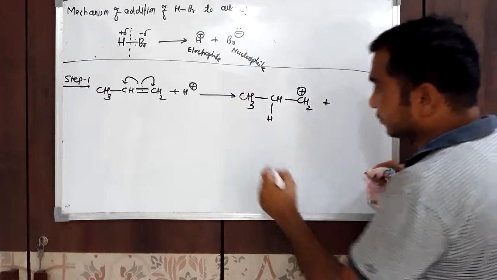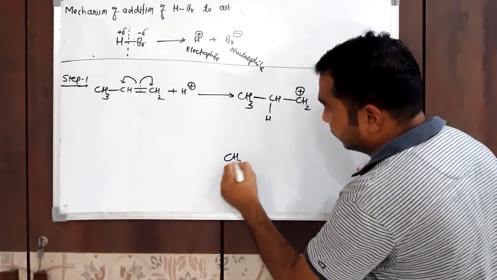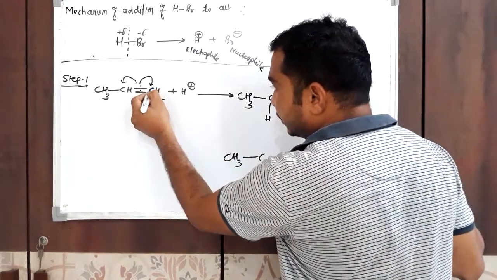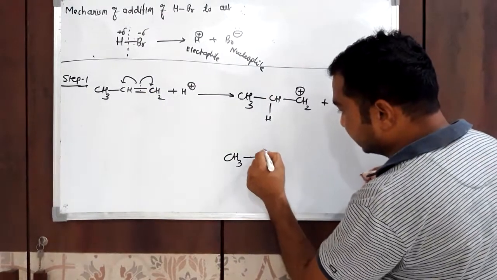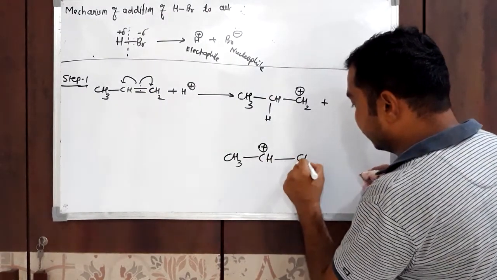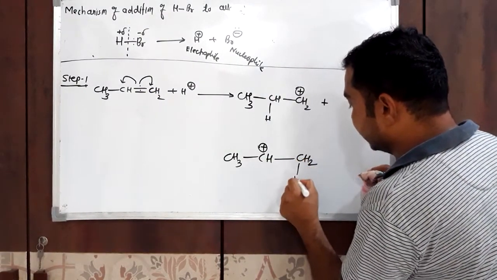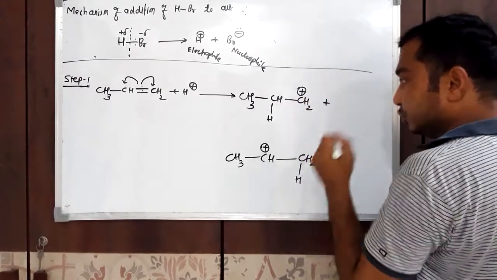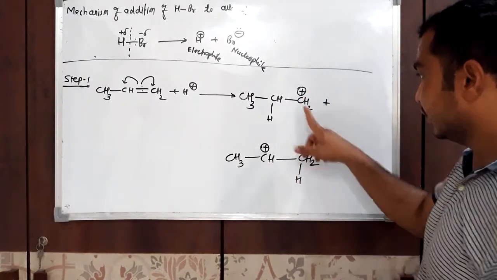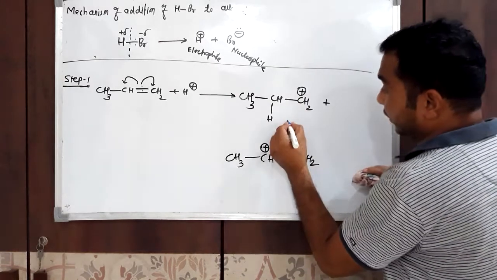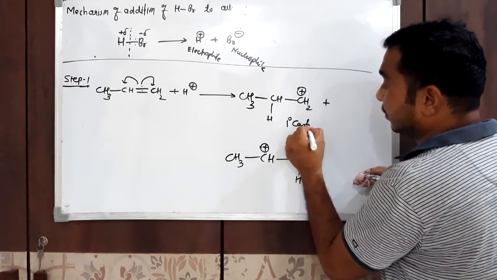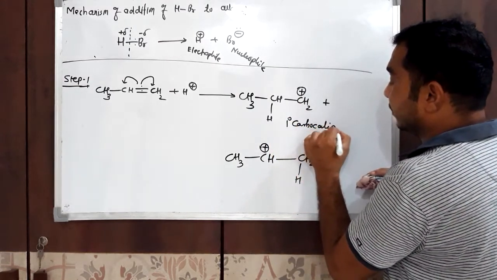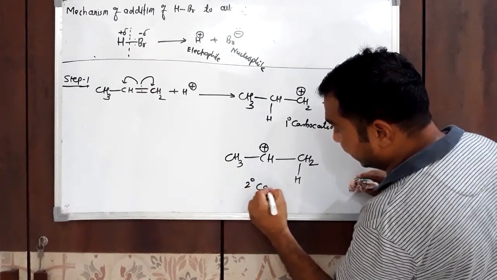Second possibility, if this electron pair shifted over this carbon, then this carbon becomes positive, and you will get this. Carbon with positive charge means carbocation, but this is primary carbocation, and this is secondary carbocation.